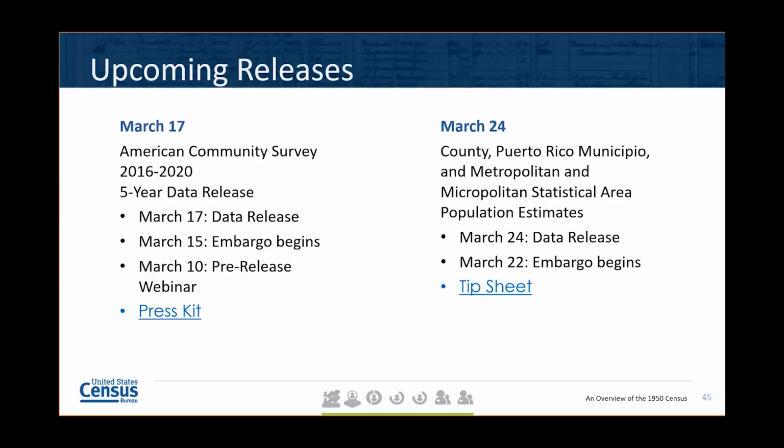Later this month, we will also be releasing county, metropolitan and micropolitan population estimates for data year 2021. Our county and metro micro area population estimates are scheduled for embargo on March 22nd at 10 a.m. Eastern for embargo subscribers, and the data being publicly released on March 24th at 12:01 a.m. Eastern.